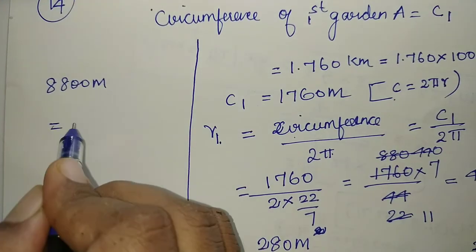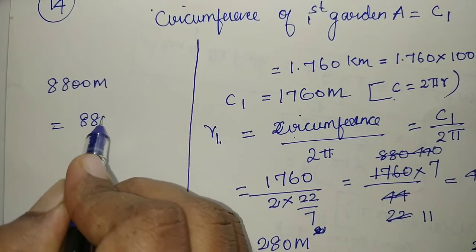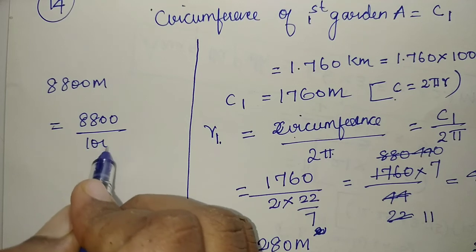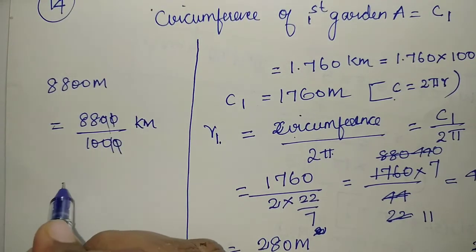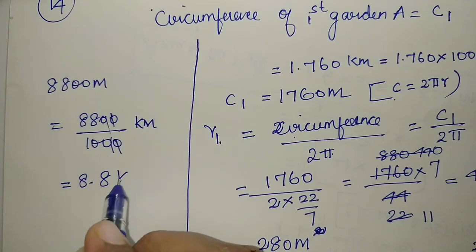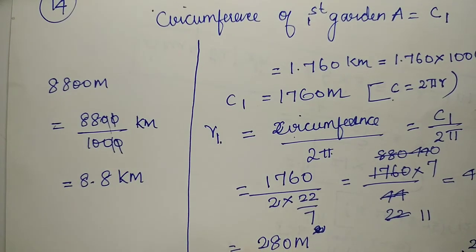To convert the meter into kilometer, what you have to do? Divide by 1000. Zeros cancel. 8.8 kilometer. This is the answer.